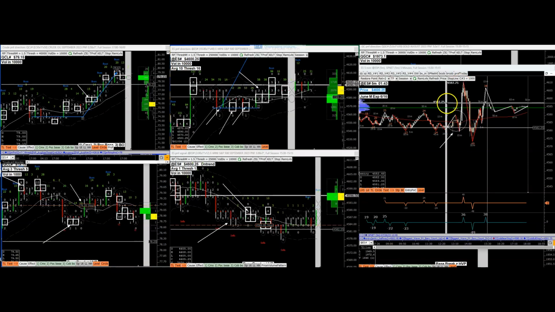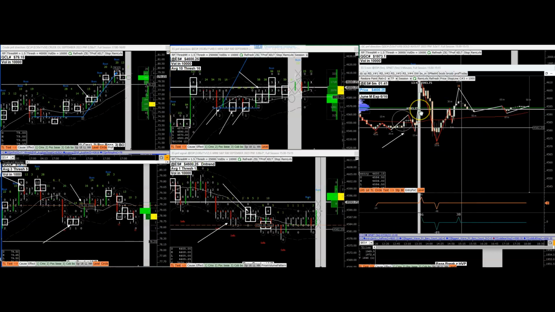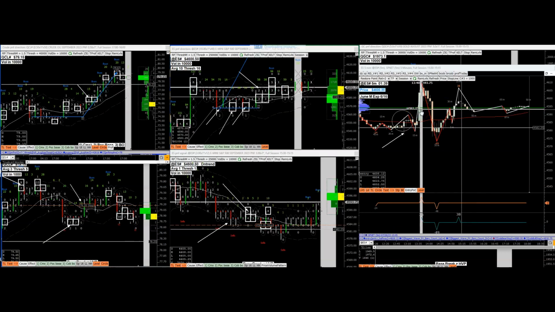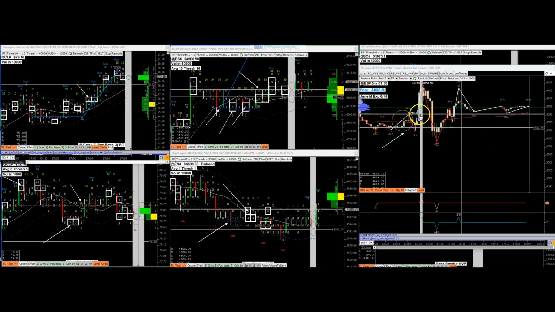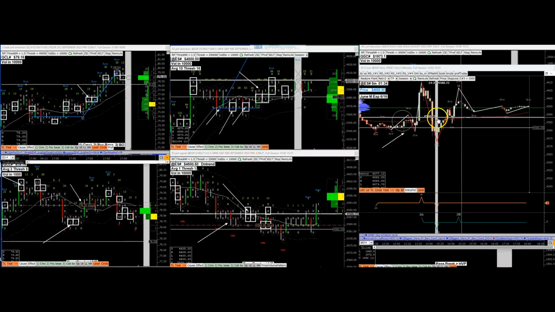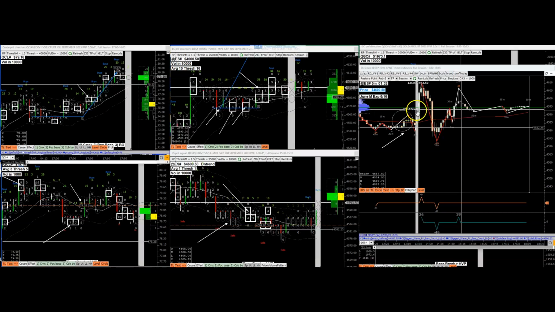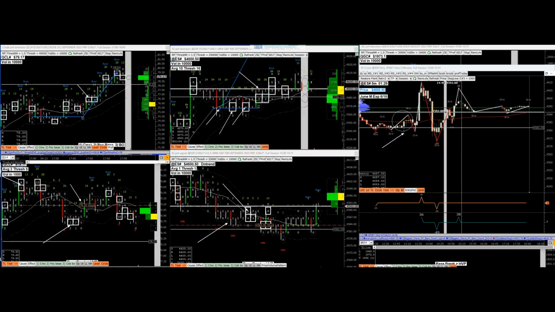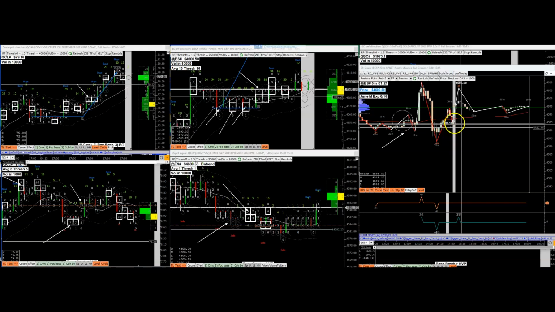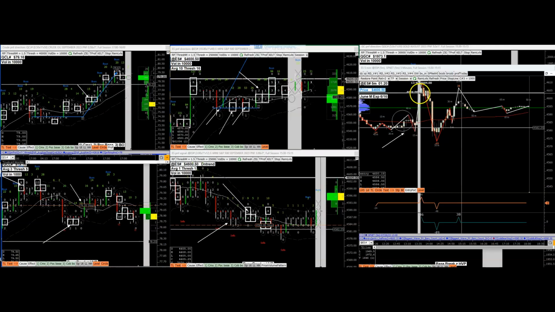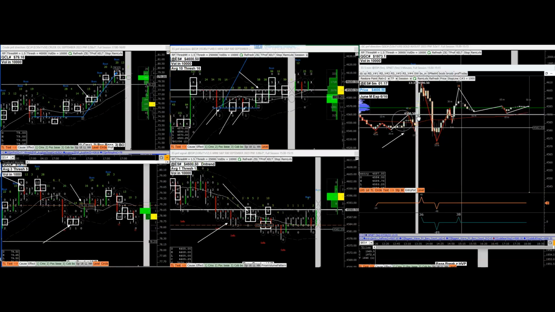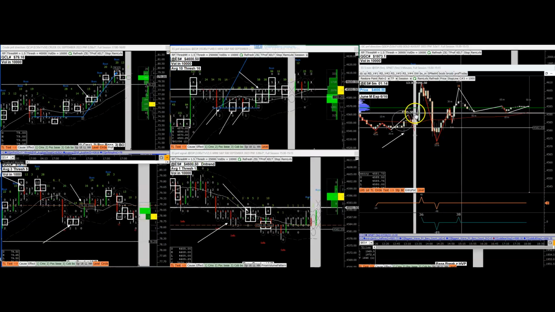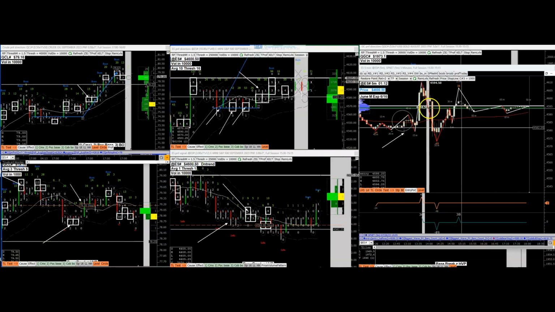I believe that after this green bar, everybody wanted to get in. So they had their orders right over here for the pullback to test, because this green bar looks extremely bullish, and I call it a FOMO bar, which means that the breakout traders are just going to go long, and the more reserved traders are going to put their order on top of some high for a pullback.